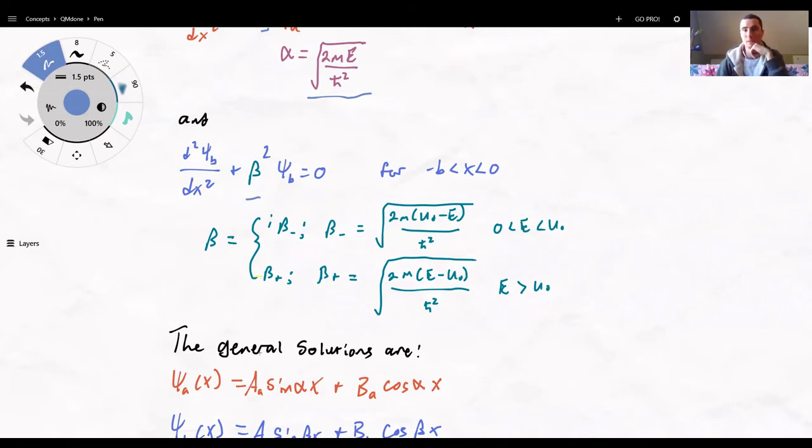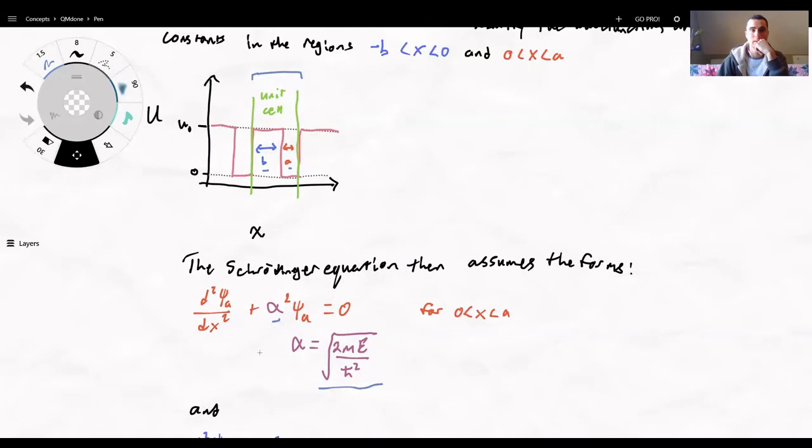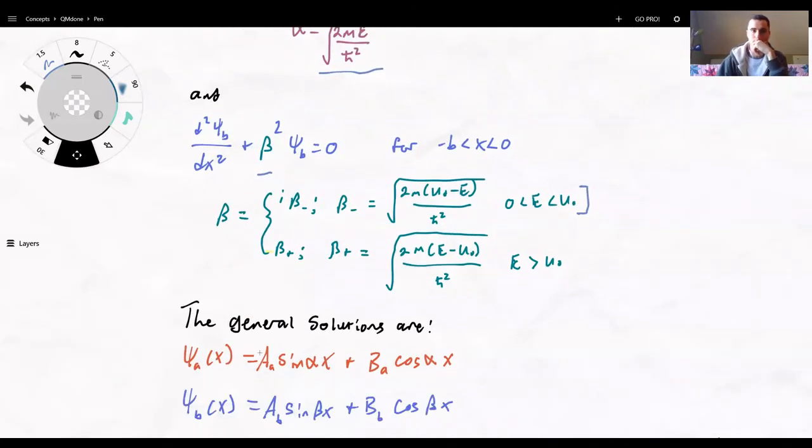But if you split that up, depending on the energy and whether the energy is greater than or less than the potential, which is defined right here, so that's our maximum potential energy, beta is going to assume a different value. So you might want to just write these down. They're a little complicated, but you get this from just solving quadratic equations.